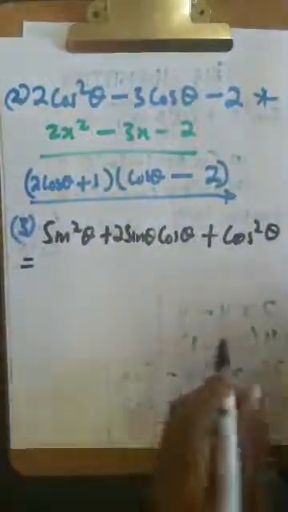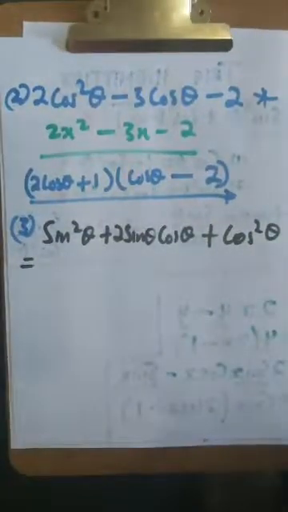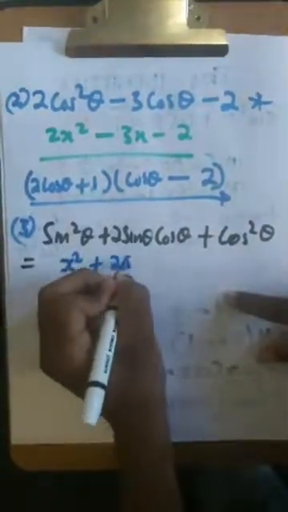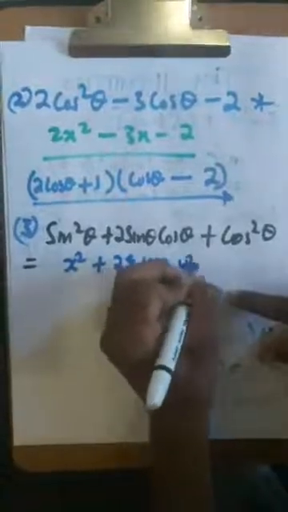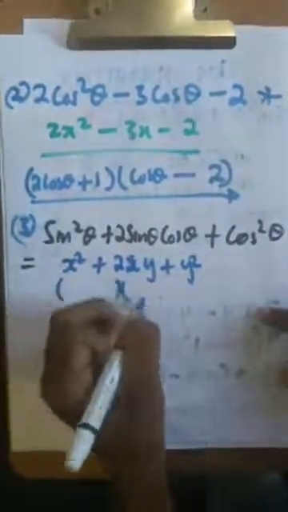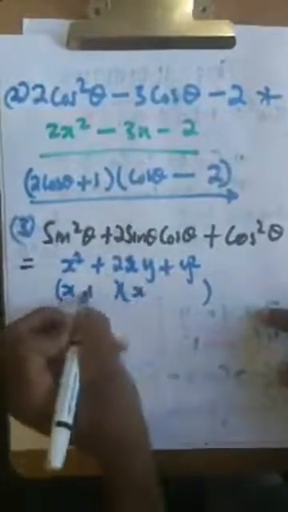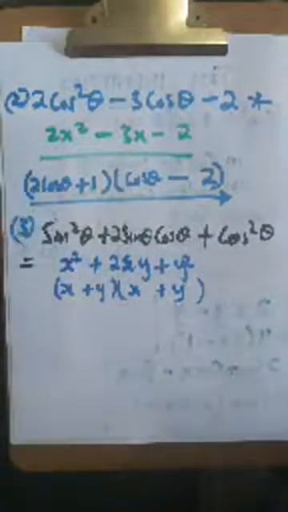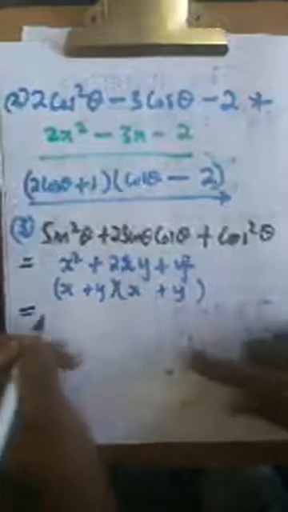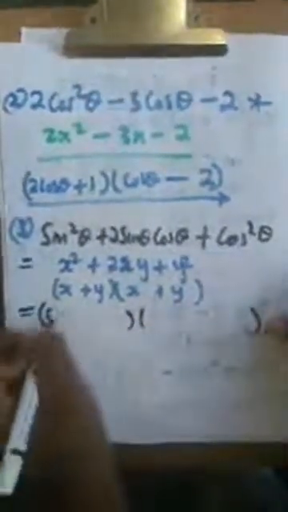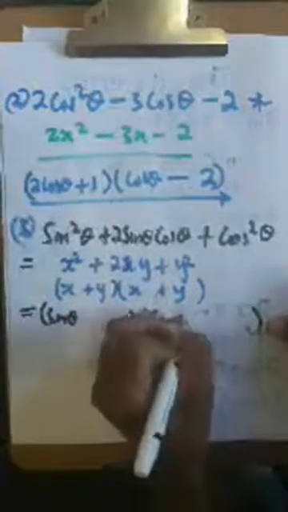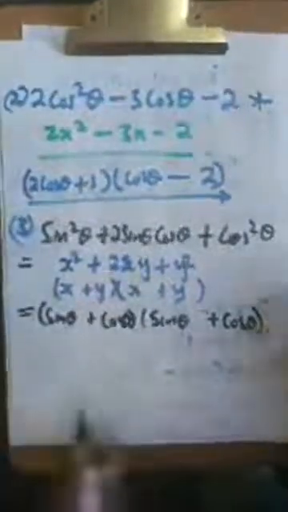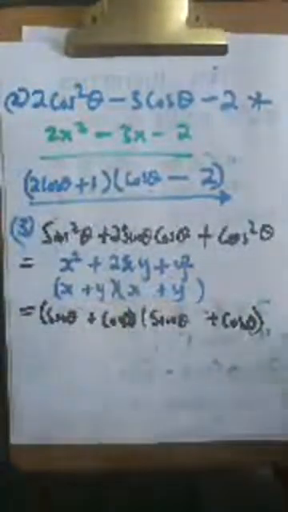This relates to algebra: x squared plus 2xy plus y squared, which we factorize in x and y. Here in trigonometry, we open 2 brackets: sine theta plus cos theta, times sine theta plus cos theta. It's very important. This is the factorization of this expression.